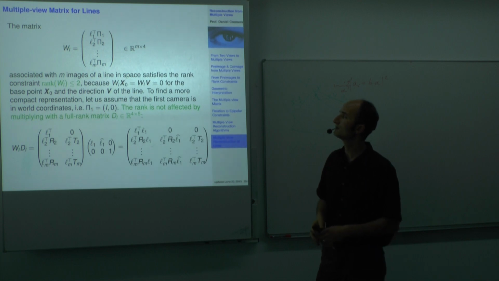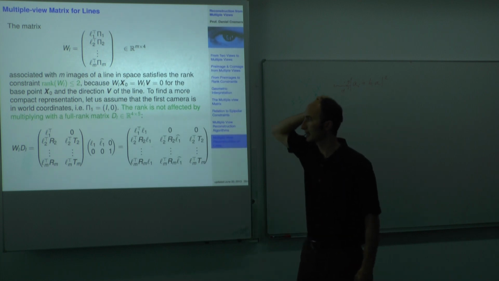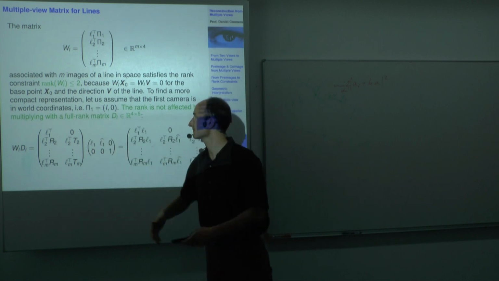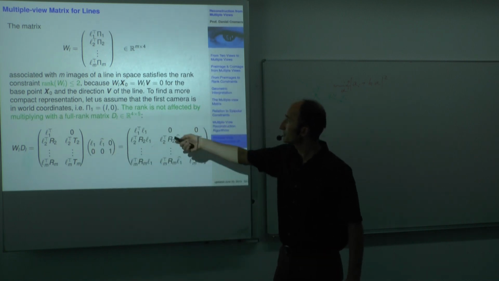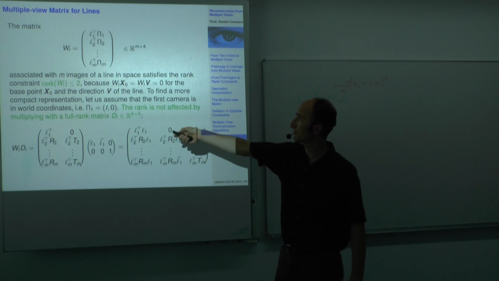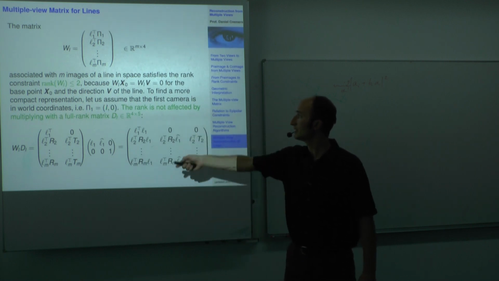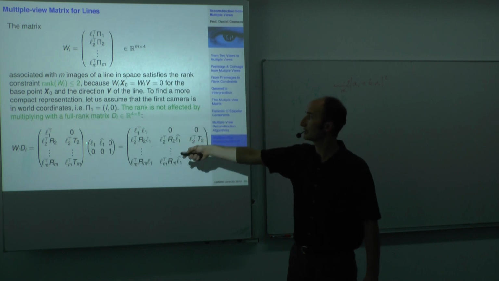What we now do is very much the same trick as in the case of points. We multiply that matrix. We first put ourselves into the camera frame of the first camera. That is to say, the projection matrix pi1 is nothing but the identity and 0, which means that WL looks like this.